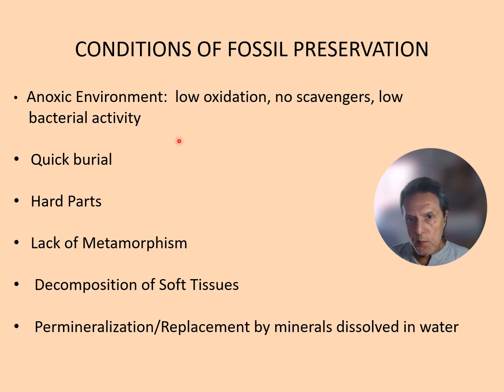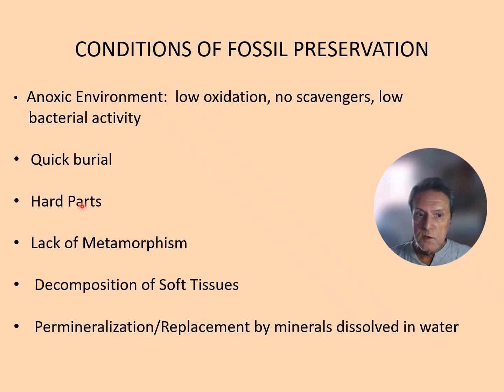That's favorable to the preservation of a fossil. Quick burial. We want a quick burial so the tissue and other parts cannot dissolve or get lost right away, and they're quickly buried and preserved.